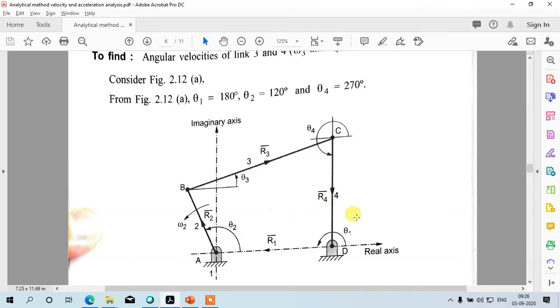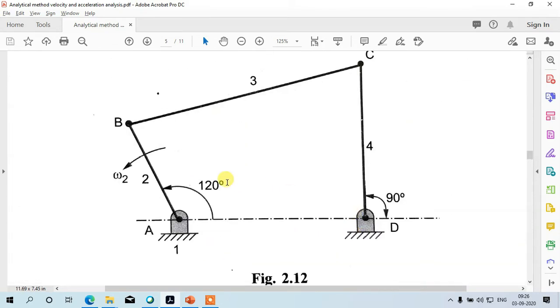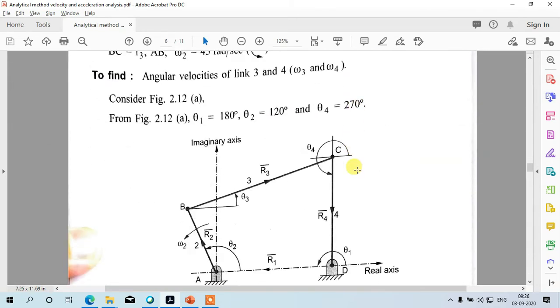If you look at the problem statement, you can see theta 2 is given to us as 120 degrees, and link number 4 is given at an angle of 90 degrees. So we can determine theta 4.